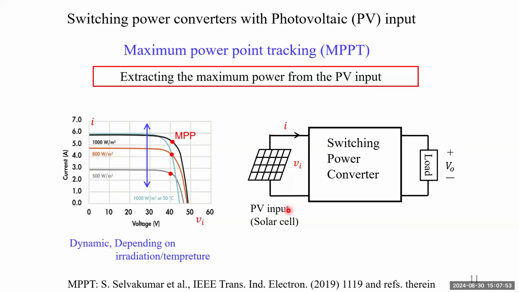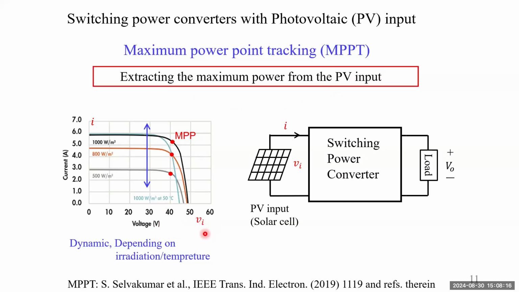Then this is the PV input, a solar cell, and a switching power converter converts the PV input and applies it to the load. The main technique is maximum power point tracking, that is, extracting the maximum power from the PV input.